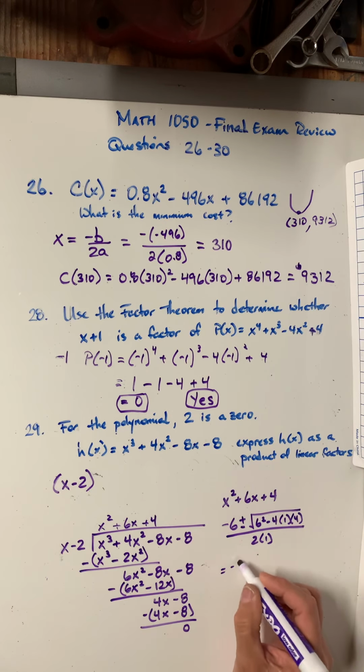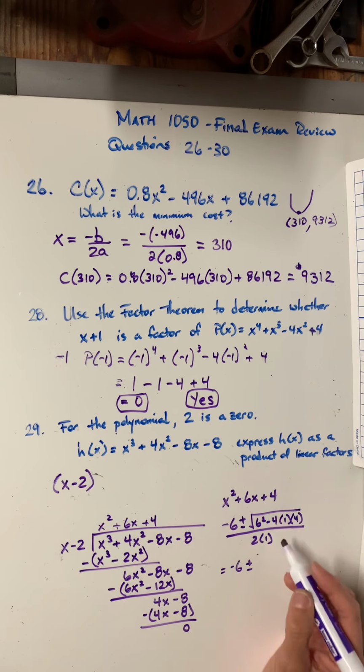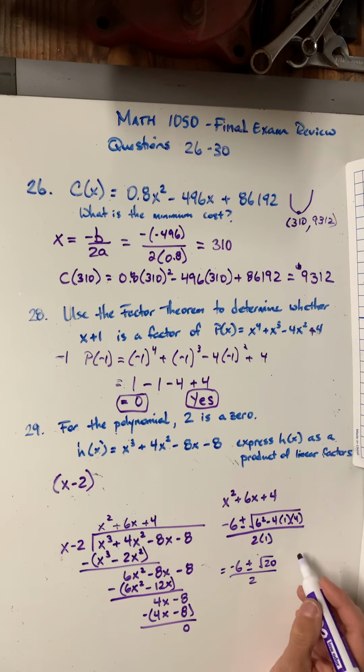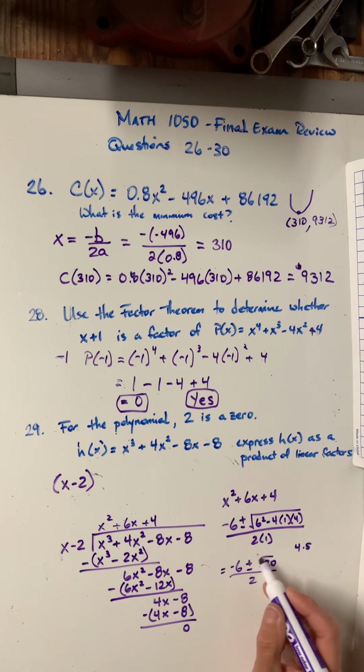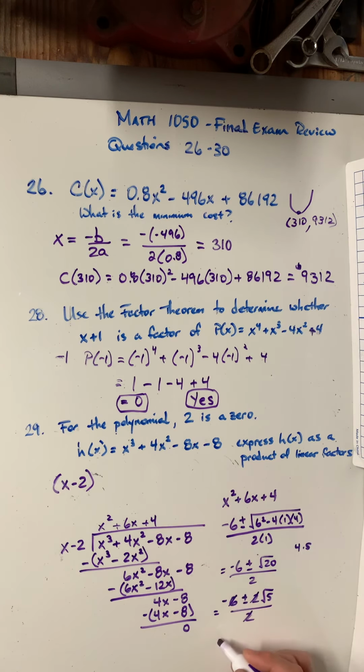So I get -6 plus or minus the square root of 36 minus 16, which is the square root of 20, all over 2. 20 breaks into 4 times 5, so the square root of 4 will come out as a 2, leaving a 5 inside, all over 2. I can reduce these, so I get -3 plus or minus the square root of 5.